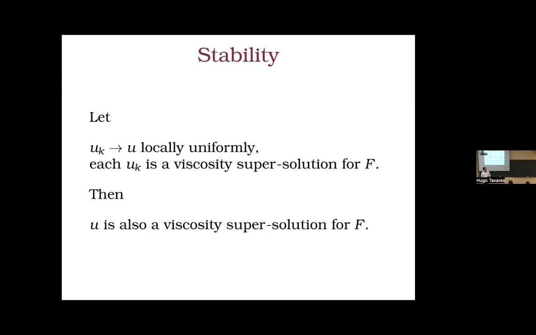For instance, if you want to show that a solution exists in this setting, something you can do is consider the whole family of supersolutions of your given equation with some boundary conditions and take the lower envelope of that. That's what is called Perron's method. And the fact that you can do that actually relies on the stability.